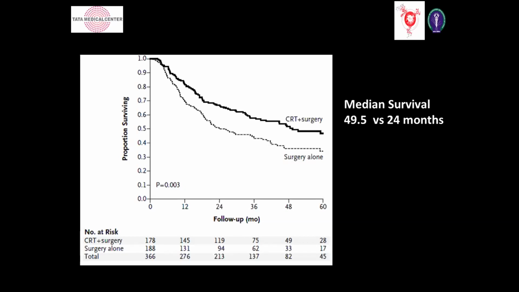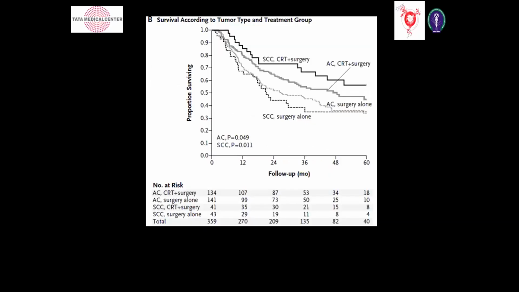So what were the findings of the CROSS trial? They have shown all groups of patients had a benefit, but patients with squamous cell cancer showed more benefit compared to adenocarcinoma.